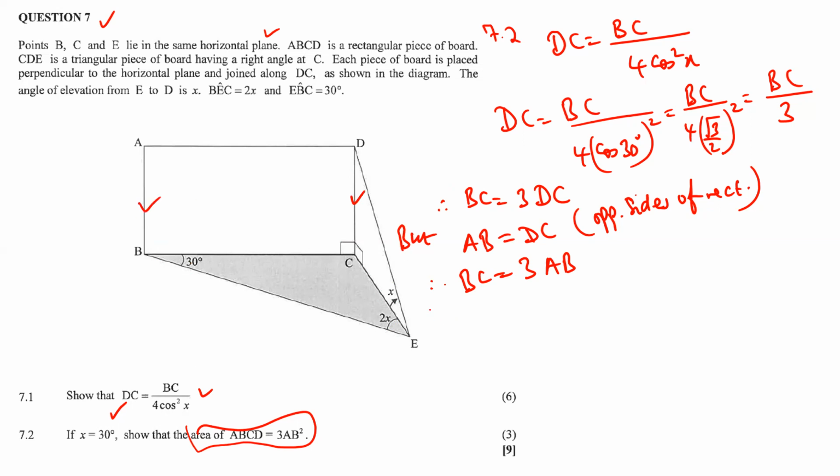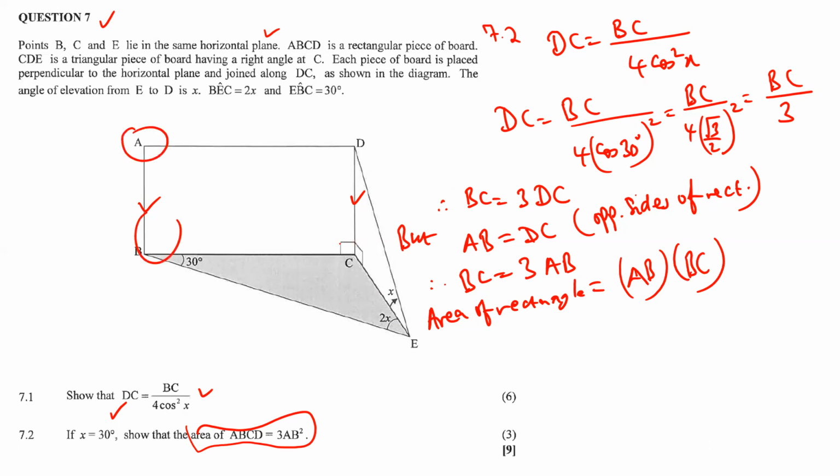So the area they want, the area of the rectangle, is equal to AB times BC.